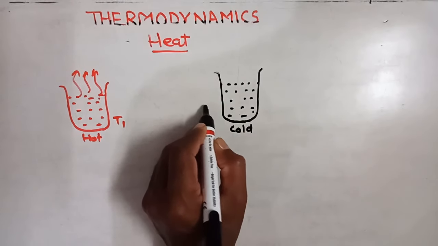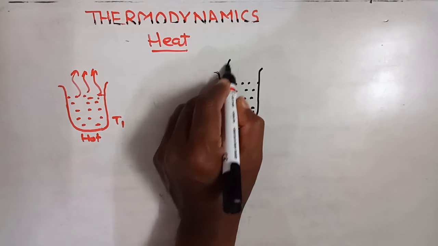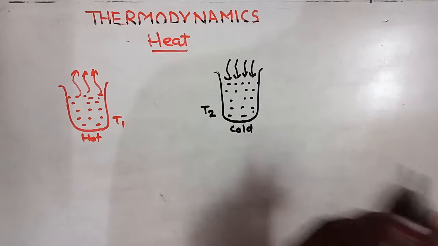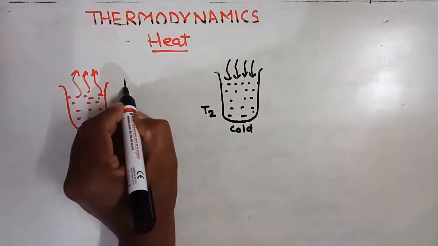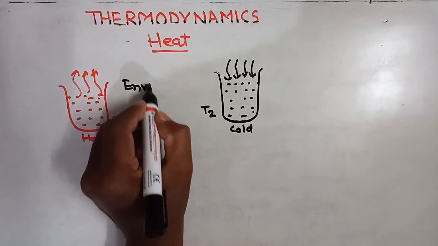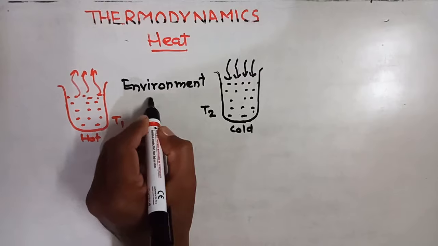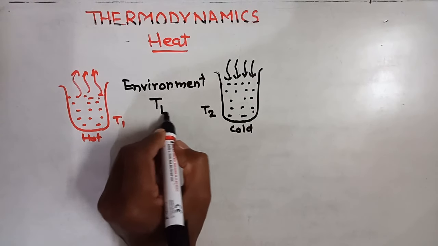The temperature of this cold water is T2, and around this system there is an environment. The temperature of this environment be suppose TE.